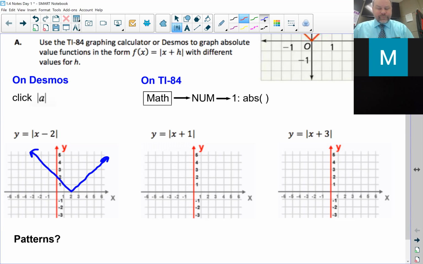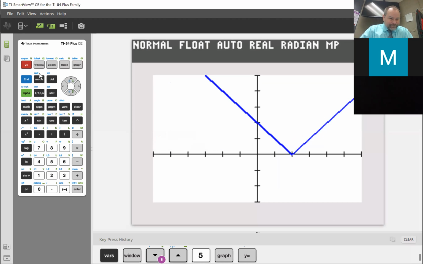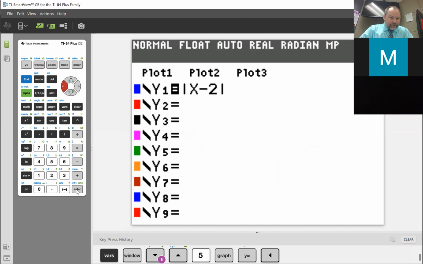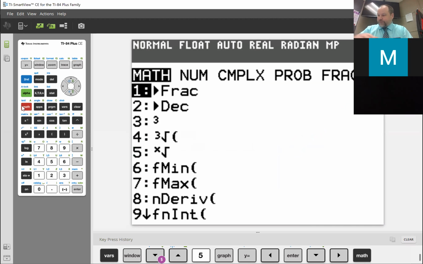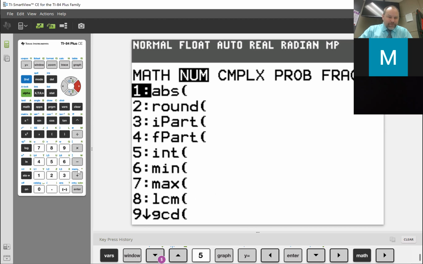Then we're going to graph the absolute value of x plus 1. So again, going to my calculator, basically, I went over to the equal sign, I pressed enter, and it shut off the graph of that first function. The reason I did that is when I've done these three, I want to take a look at comparing what happened.